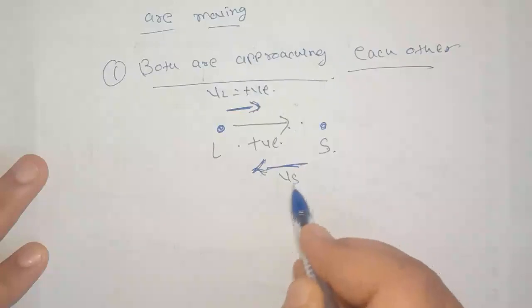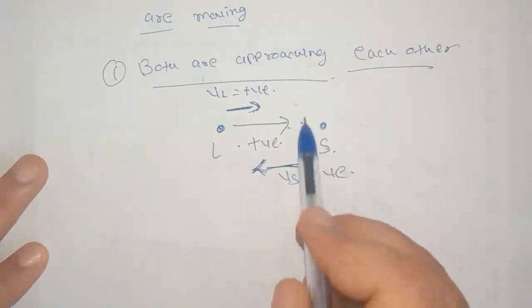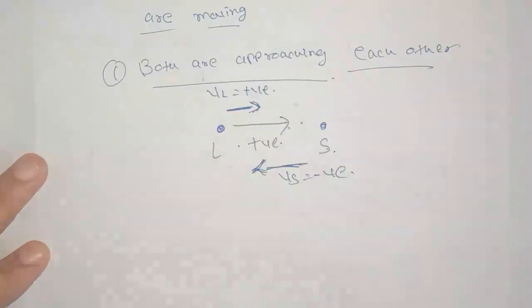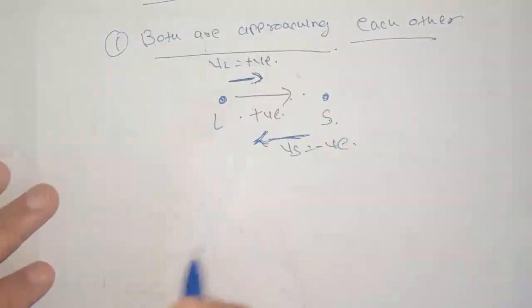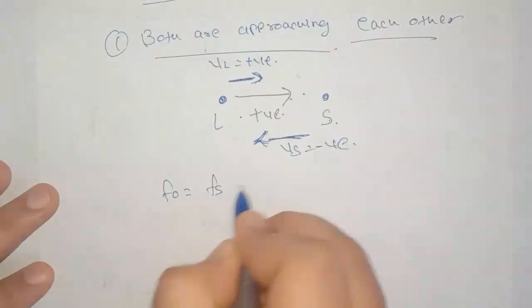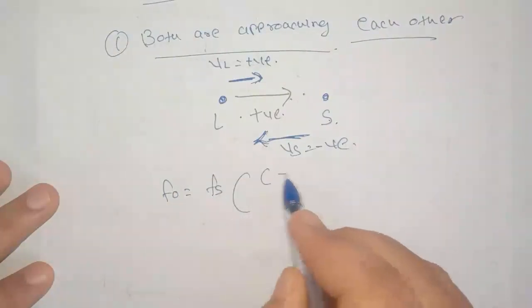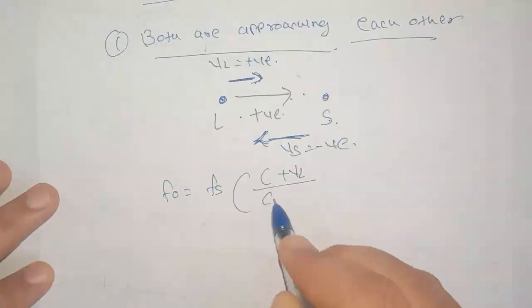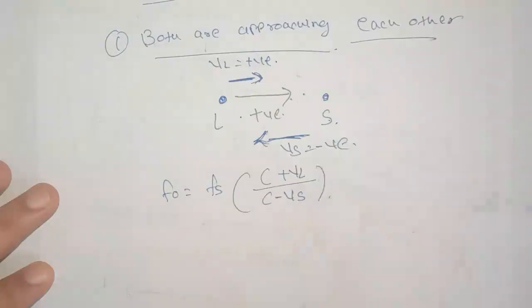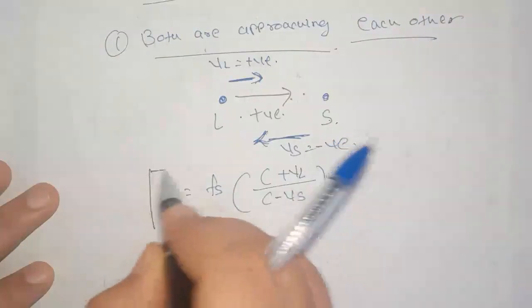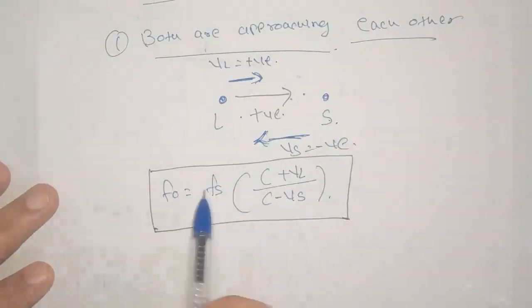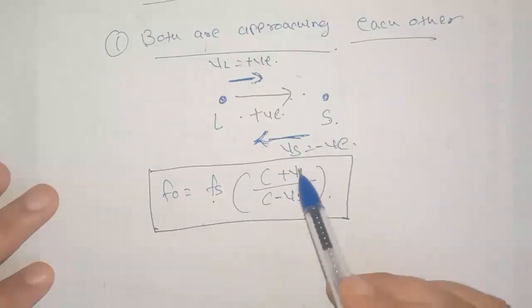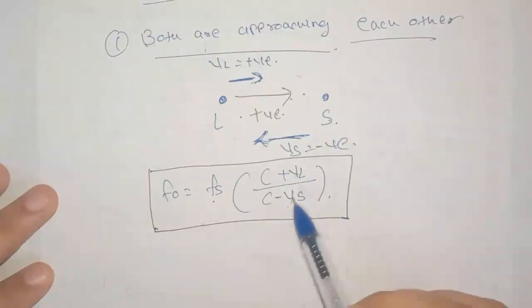So Vs will be taken negative as it is in the opposite direction of this reference direction. So frequency observed will be Fs into C plus VL divided by C minus Vs. Now the apparent frequency heard will be more or less than the actual frequency, depends on VL and Vs.